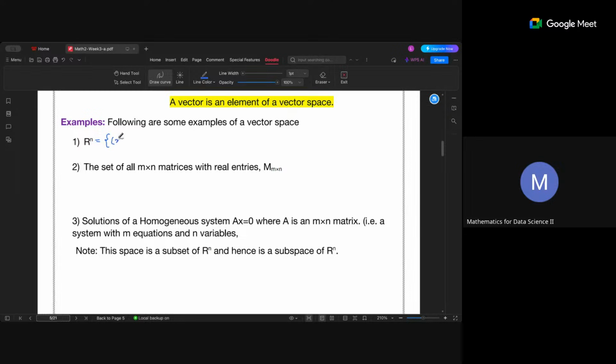What is Rn? Rn is nothing but the set of all (x1, x2, ..., xn) such that each xi is in R. So n is a natural number.